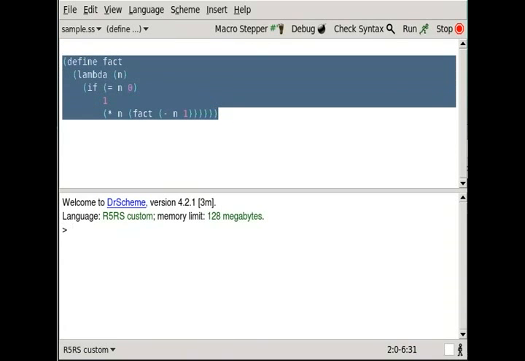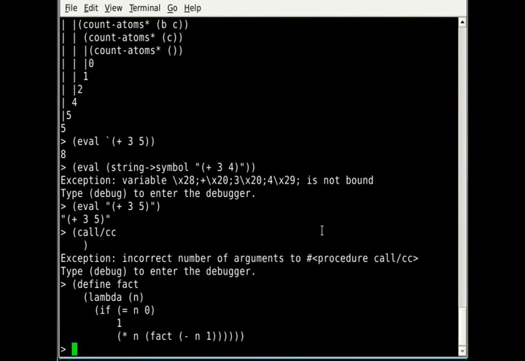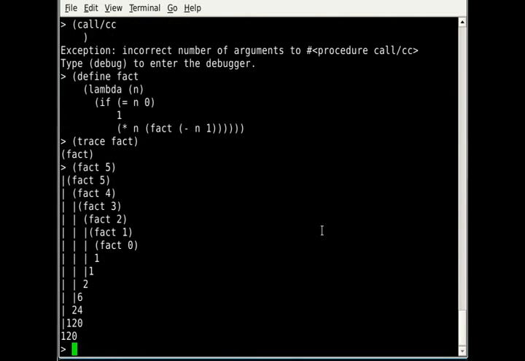I'll run it in Petite Scheme. Alright, trace fact, then we'll do fact of 5. See, we have to keep calling it. Because it's indented, that means that fact 5 has to wait for fact 4 to complete before it can calculate what fact 5 is, and so on. So fact 5 is waiting for fact 4, which is waiting for fact 3, which is waiting for fact 2, fact 1, fact 0, and it's all building things up.